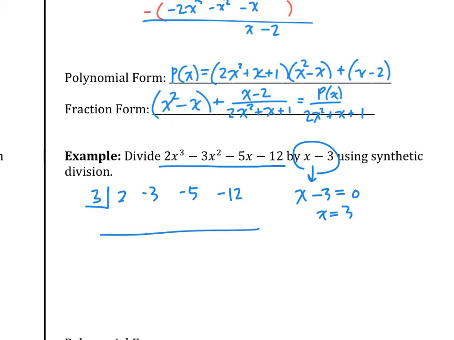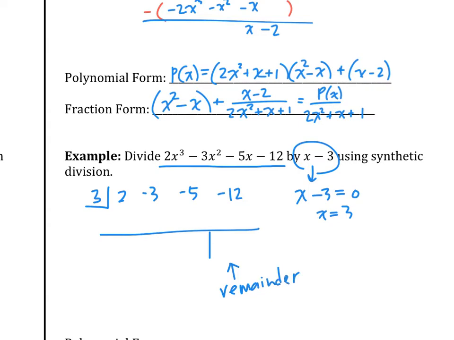Then I draw a line. This is the equal sign. And then between the last two numbers, I put a line in between. That tells me that after this line, this part is the remainder. It's just a good reminder for myself that this is the remainder.